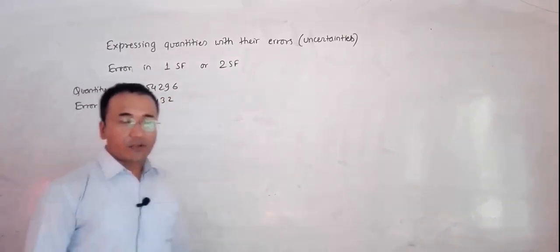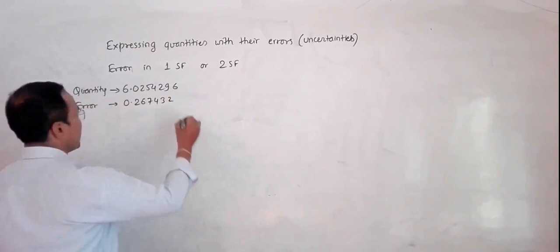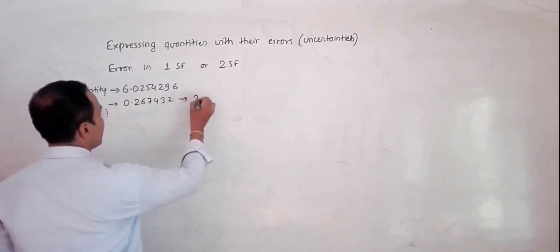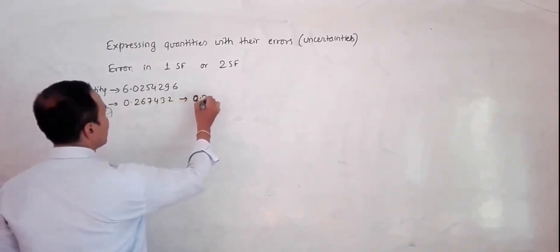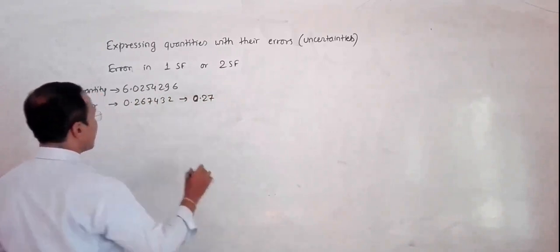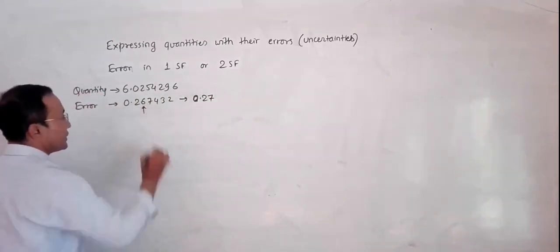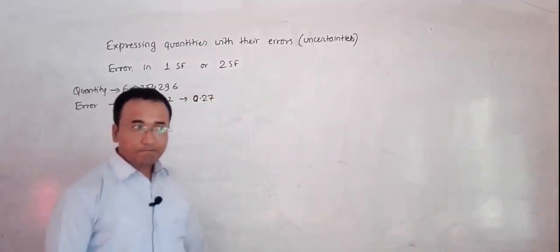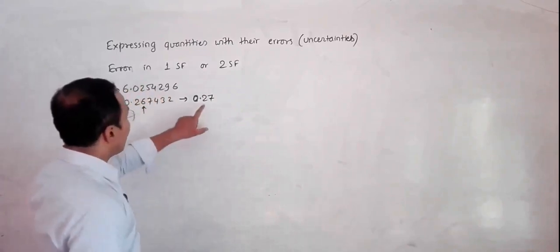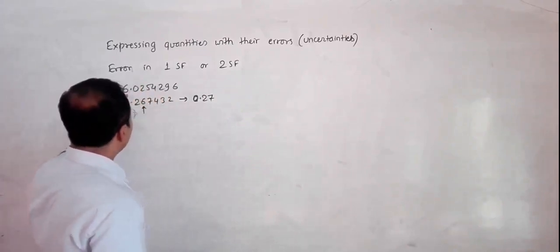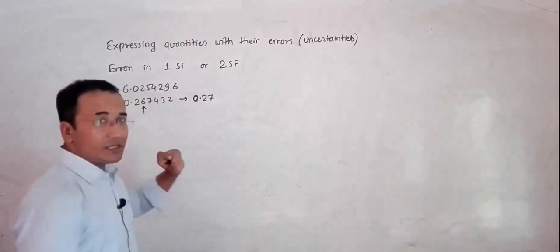The first thing we have to remember is we'll express the error in 2 SF. So this will be 0.27. When I use 2 SF, I have to round it off here. It will be 0.27.